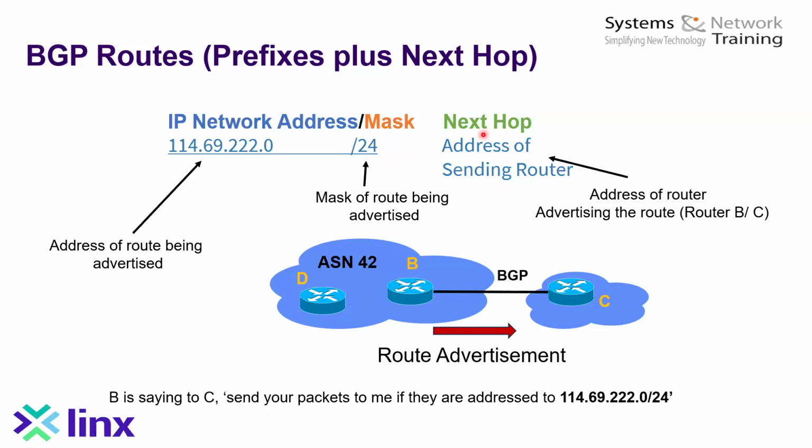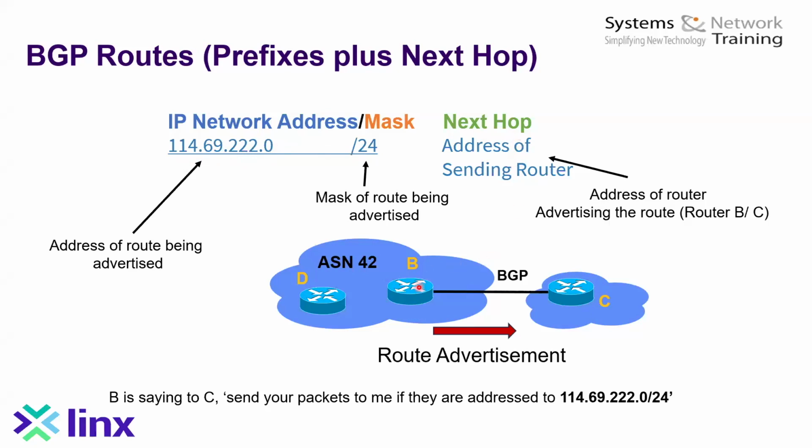So in other words, when you receive a route from a speaker, from your peer, it's going to be one of these prefixes, and you're also going to see who is sending you that. So we have a next hop here. And what that means is, if C wants to send a packet to something on this network here, then it just has to send it to the next hop.